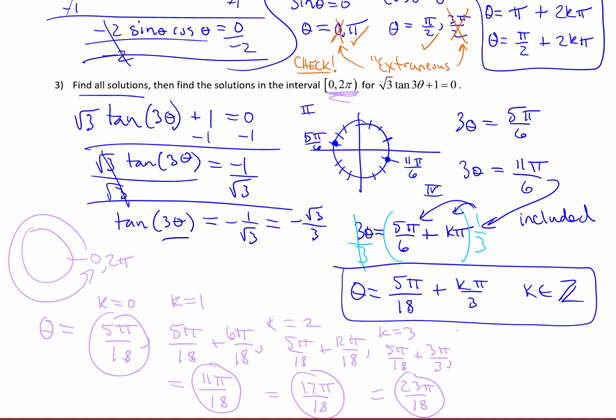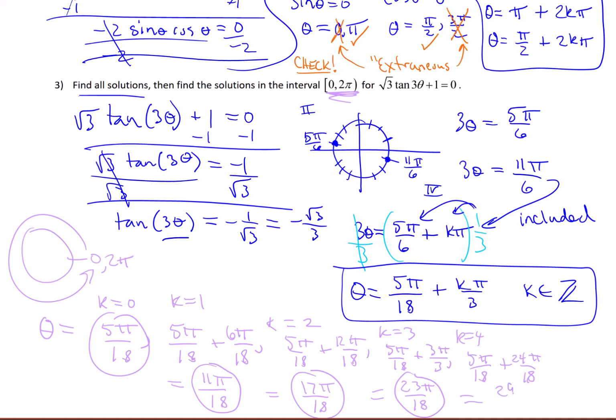So let's keep going. What about when k is 4? Well, when k is 4, we're looking at 5 pi over 18, our first term, plus 4 pi over 3. But again, with a common denominator, I'd be multiplying top and bottom by 6 to get a common denominator of 18 for these two terms. This would give us 24 pi over 18. If I put those together on top, I have 5 pi plus 24 pi.